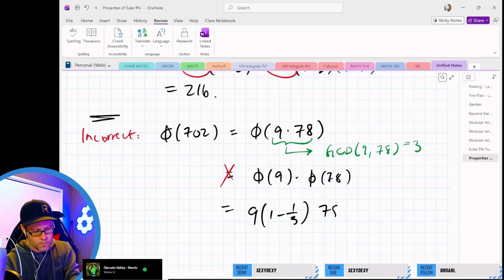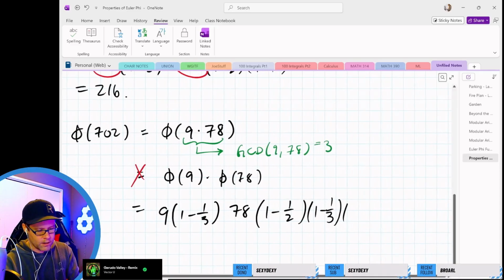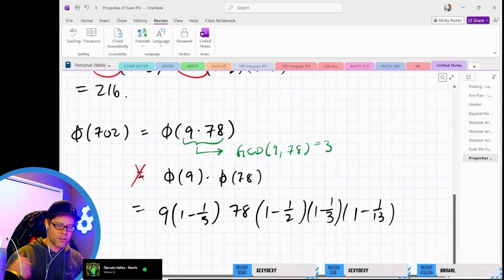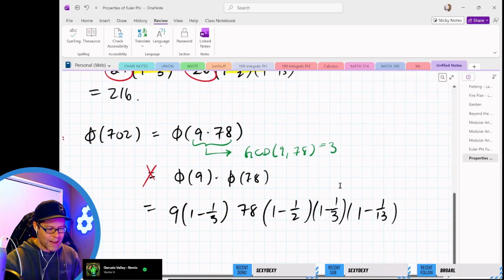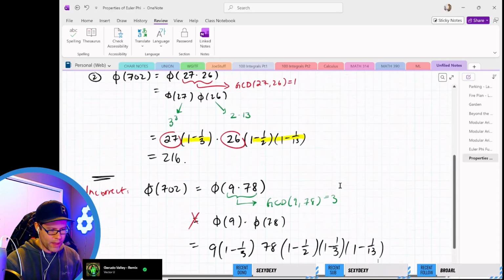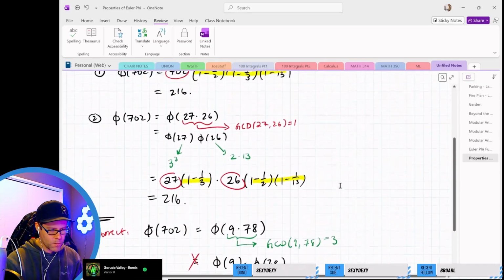78 has a factor of 2, a factor of 3, and a factor of 13. Right, so 78 is 2 times 3 times 13. And so what happened? Well, we ended up double counting something.